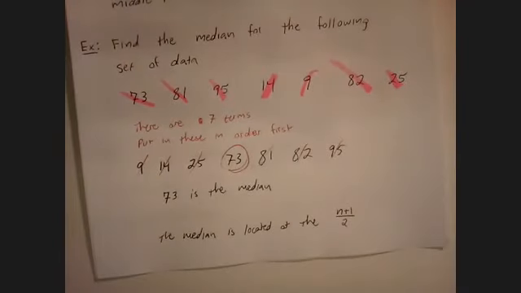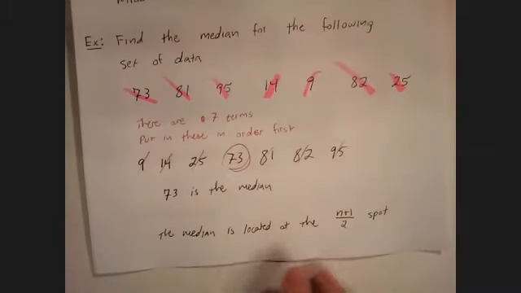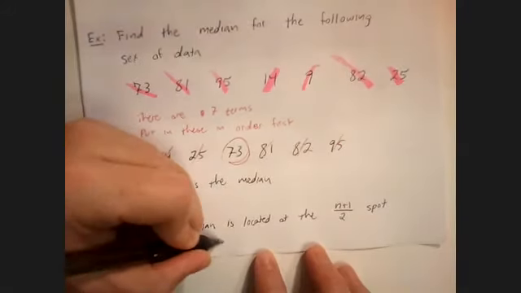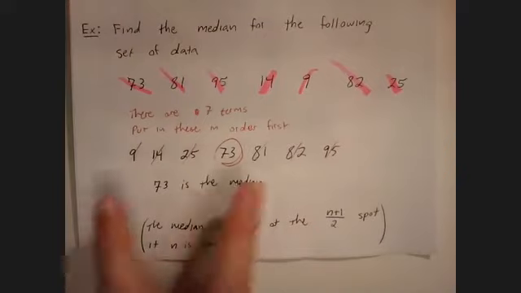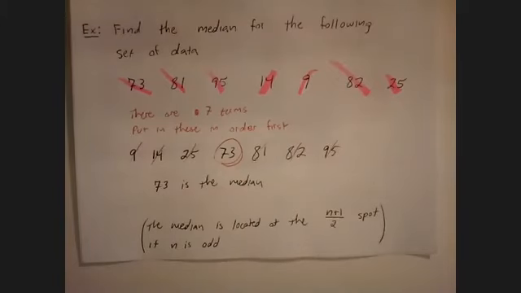That would be 8 over 2, yeah, spot. But you don't have to know that. I feel like that's going to be confusing because that only works if n is odd. So parentheses, it's up to you if you want to memorize that. But I think this process of crossing out pairs is the quickest. So that's what I'm going to do.